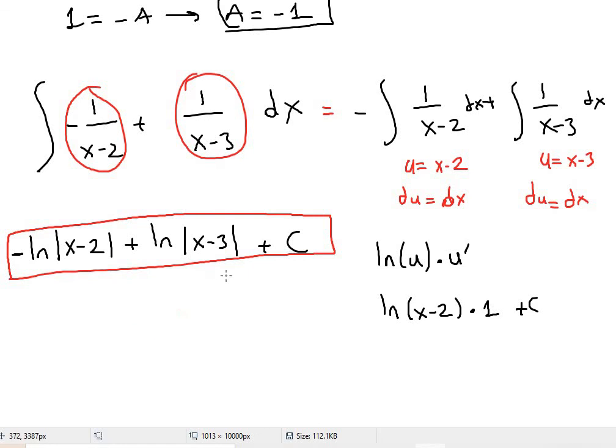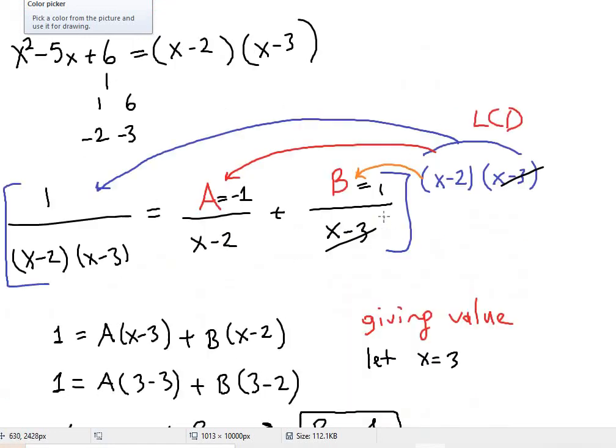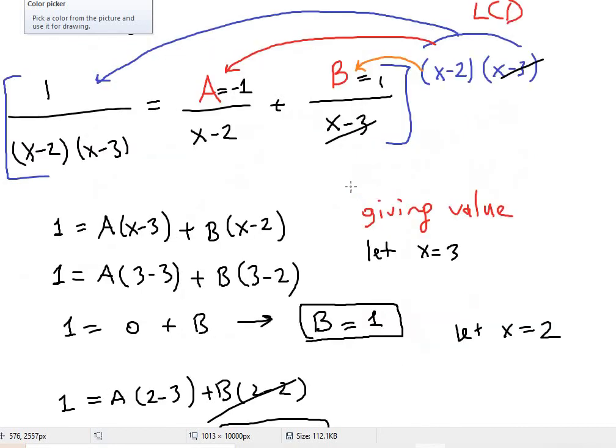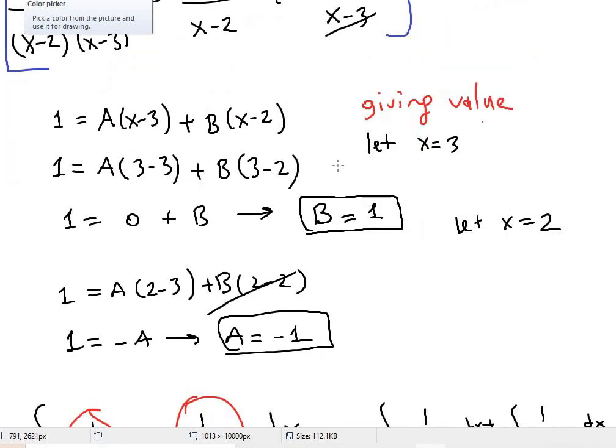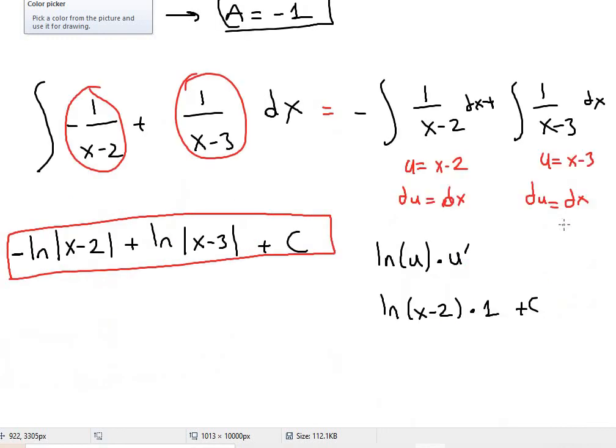So here we used the partial fraction decomposition method, and we equated 1 over x squared minus 5x plus 6 into these two factors, and then we solved for A and B, giving some value for x, and then we obtained that 1 over x minus 2 and 1 over x minus 3 as the equivalent integrals, and then we solved for these integrals.